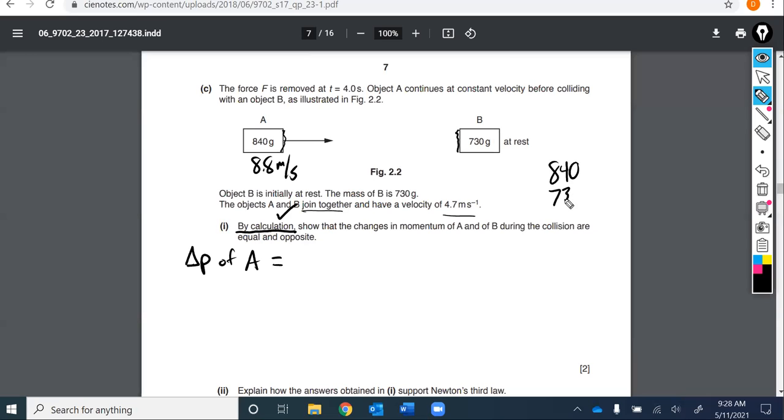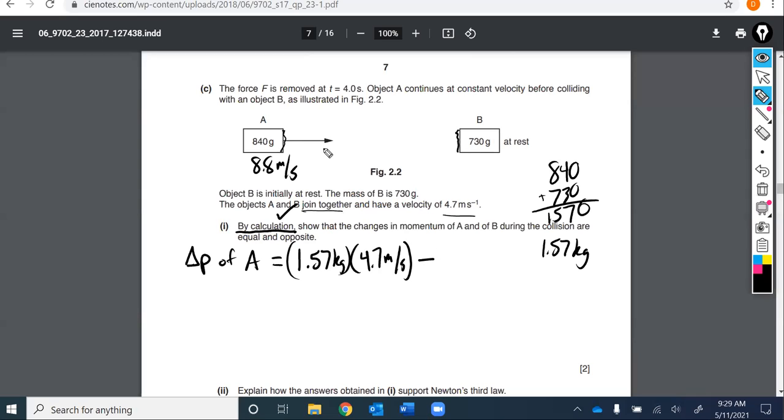So we've got 730 grams plus 840 grams is 1,570 grams or 1.57 kilograms. Did I do that right? Yeah, all right, 1570. So I think the final momentum is going to be 1.57 kilos times 4.7 meters per second, because that's the final momentum of the new object A plus B.